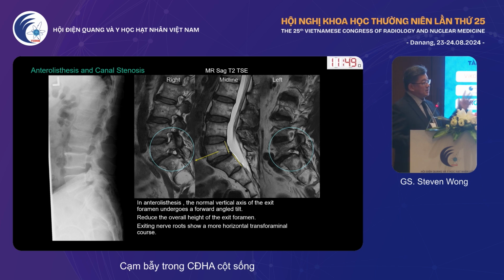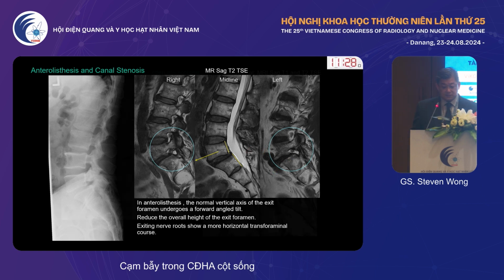If the patient actually stands up, the subluxation may be worse, and the space available for the patient in the standing position may be even less, right? So this is something you need to bear in mind when you see this. Always mention that the neuroexit foramen is narrowed and flattened because of the anterior listhesis.